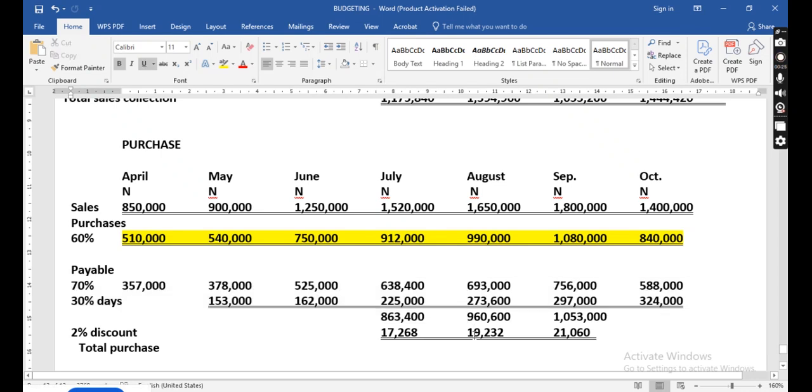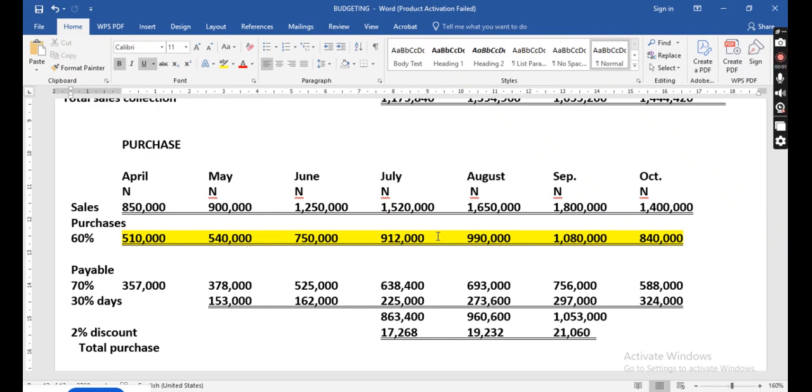Now, if we have this, 2% of the total purchase, they did tell us that 2% of the amount of 70 days or 30 days. Is that not so? What is the 2% of 912? What is the 2%?